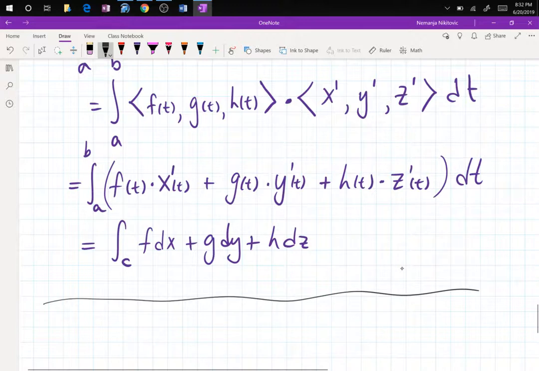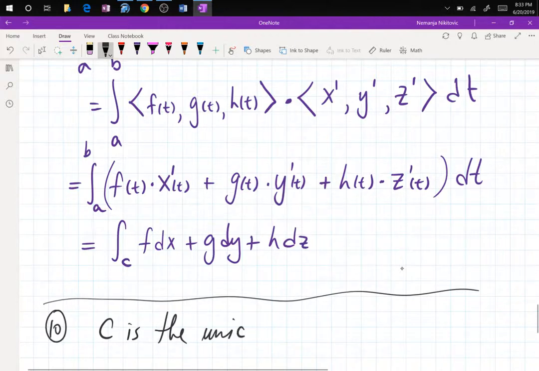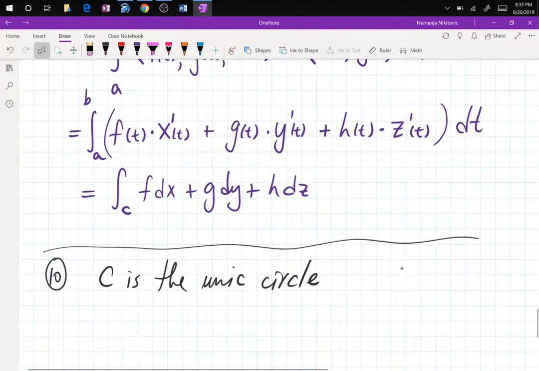So now we can talk about that problem 10 I wanted earlier. So problem 10, C is the unit circle. Oh, that's a 2D variant of this then. Nice.